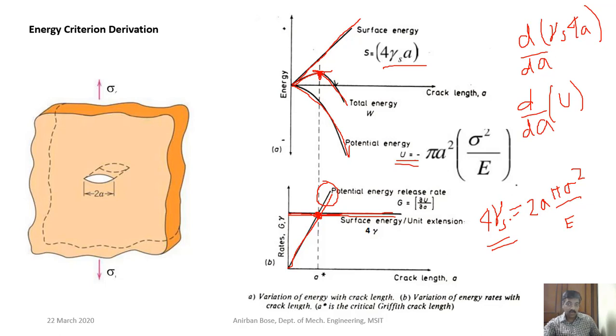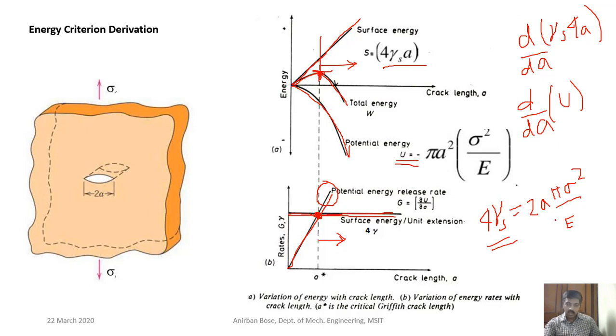If this quantity is more, then crack will propagate. That means this is the region where crack is going to propagate. This is the region where the crack will be unstable, and this is the region where the crack is stable. So crack becomes unstable after this region, and before that it is stable.